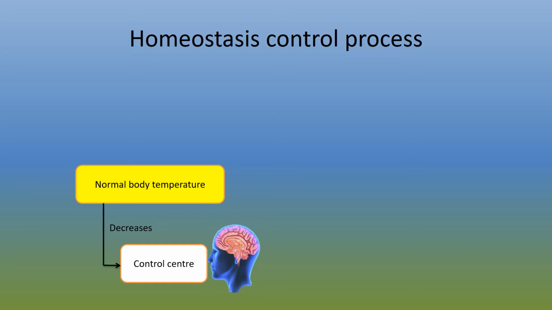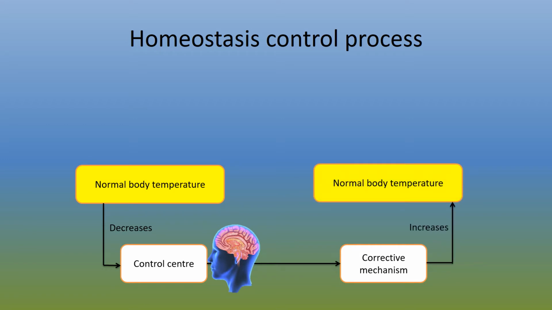It will be detected by our brain. Our brain is the control center for our body activities. Then our brain will stimulate corrective mechanism. So our body will increase the temperature so that it goes to normal body temperature.